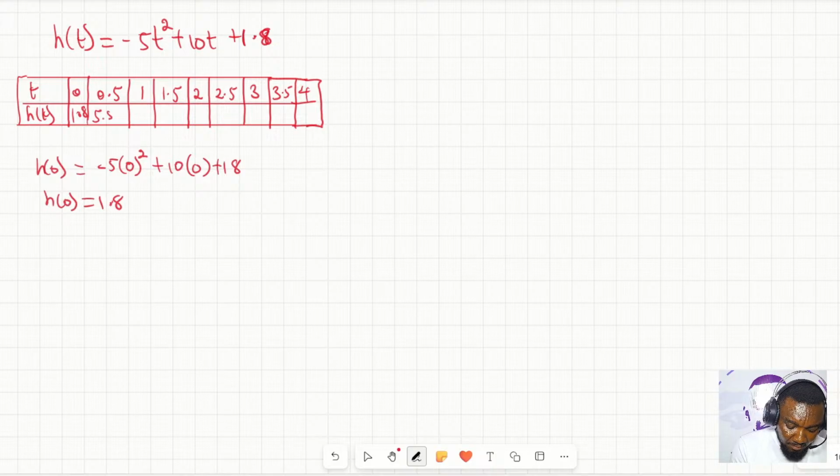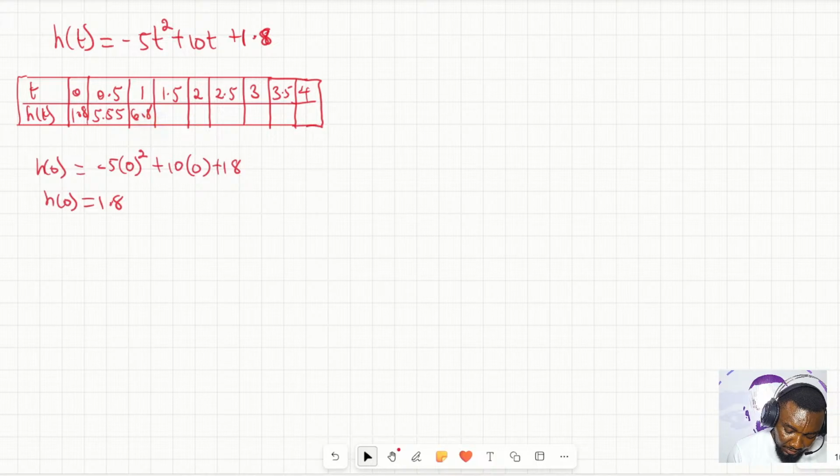And then when we use 1, we have negative 5 multiplying 1 all squared plus 10 multiplying 1, plus 1.8 multiplying 1. And that will give us 6.8.